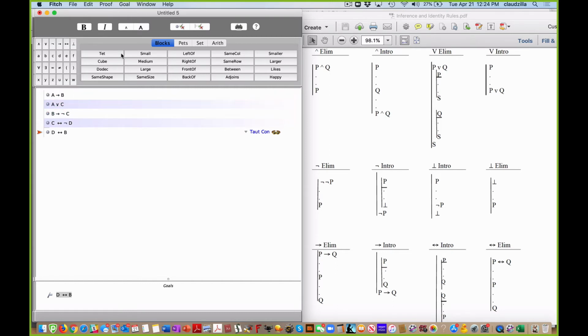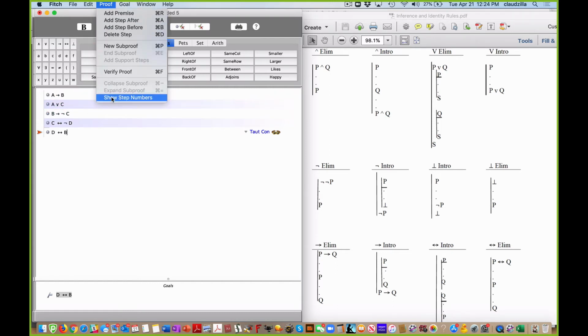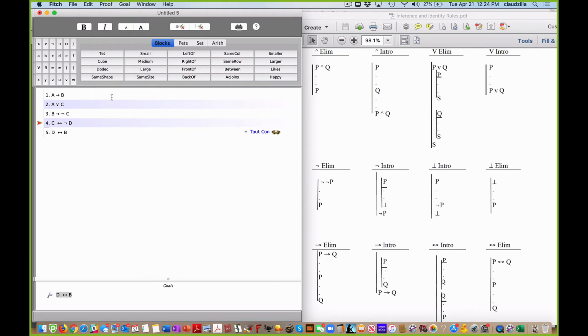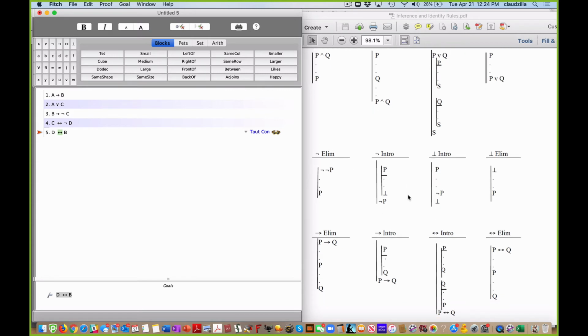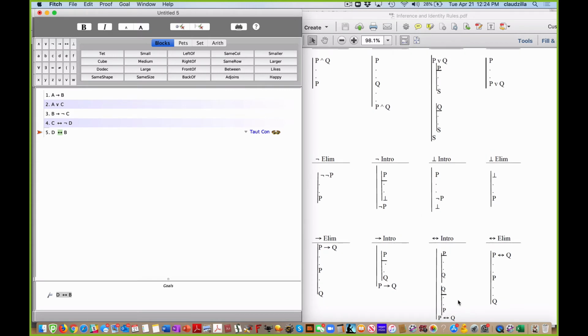There's a lot to look at, right? We know that already. But we also know that when our conclusion is a biconditional, what do we do? So let's look at our rule sheet. When we want to achieve a biconditional, we set up biconditional introduction.